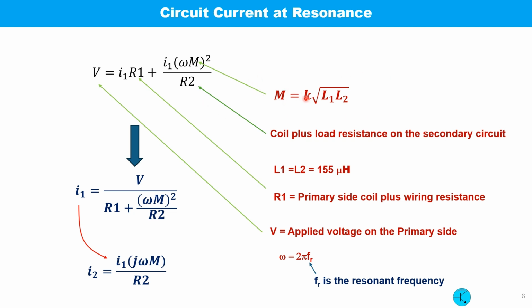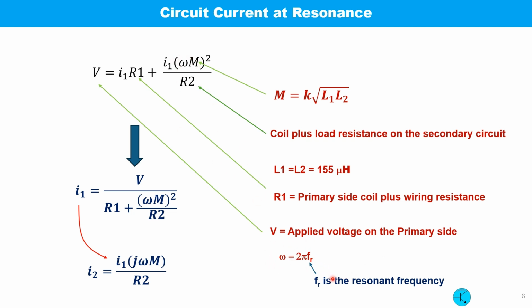M is the mutual inductance, which can be expressed by this equation, K times root over L1 L2, and R2 is the coil plus the resistance of the secondary circuit or load resistance, and L1 and L2 both are 155 microhenry, and R1 is the primary side coil wiring resistance, and V is the applied voltage, and omega is the resonant frequency.